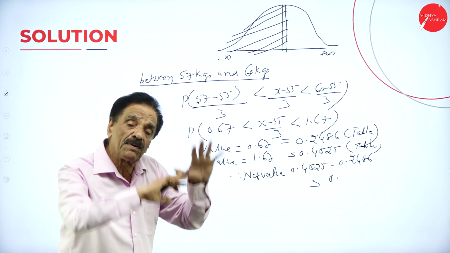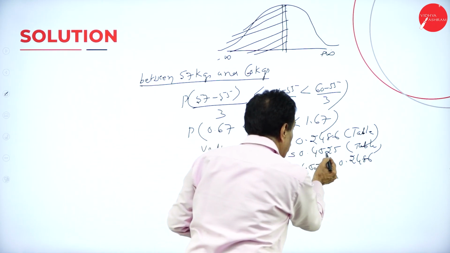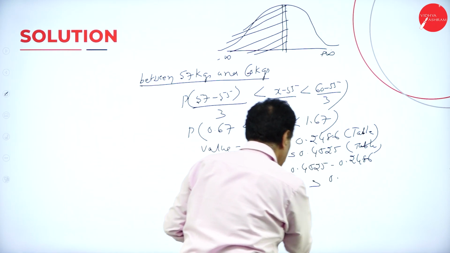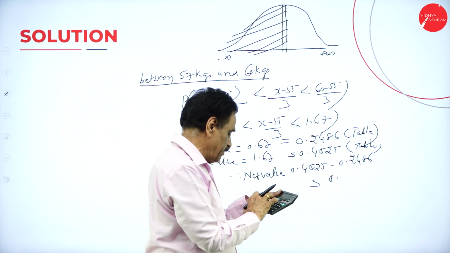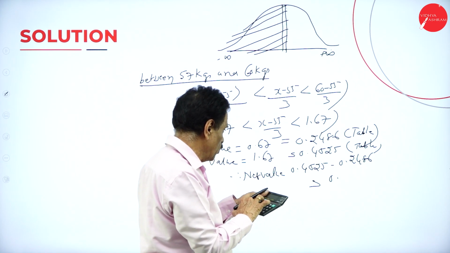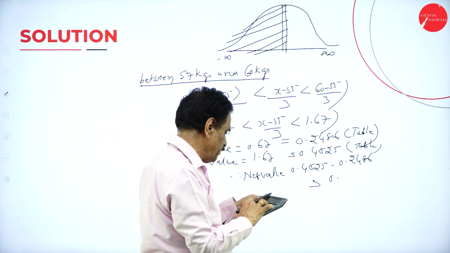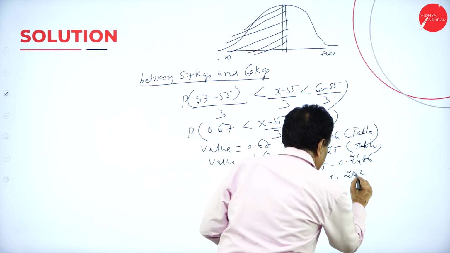So what does the rule say? From the highest figure, you have to deduct the lowest figure. The highest figure is 0.4525. Deduct 0.2486. Whatever we get is 0.2039.